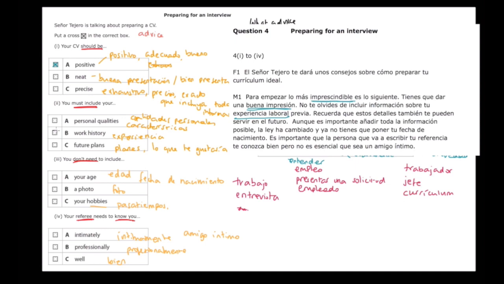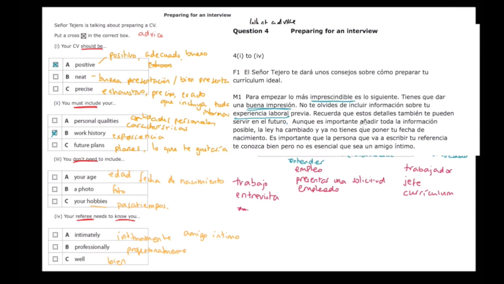So, work history. So far, okay, not too cryptic. Recuerda que estos detalles también te pueden servir en el futuro. Remember that these details can also be useful in the future. Okay, fine, I don't really need this information in this sentence. Now, the next thing I need to know is what I don't need to include.